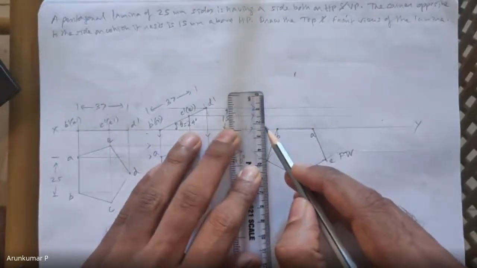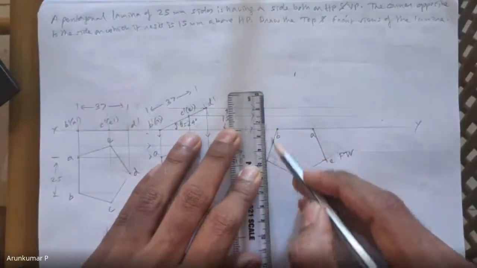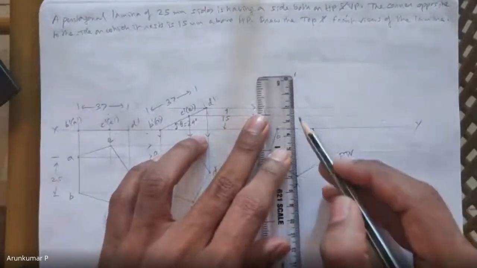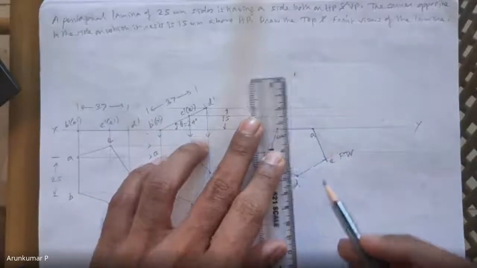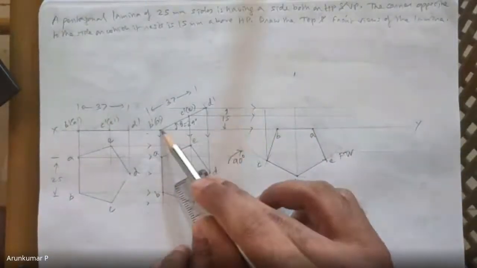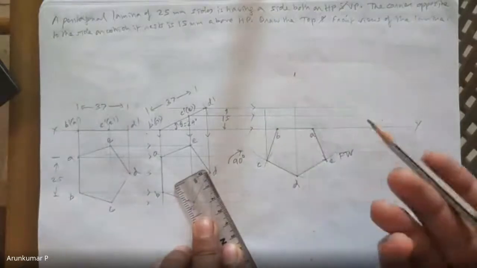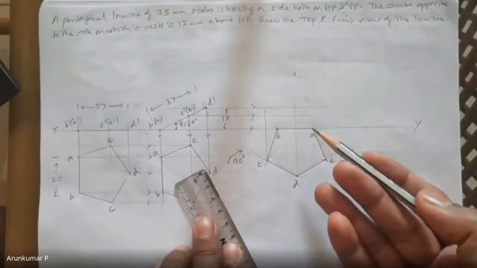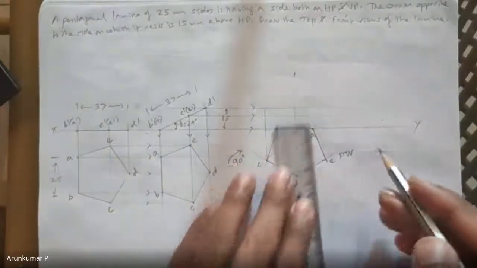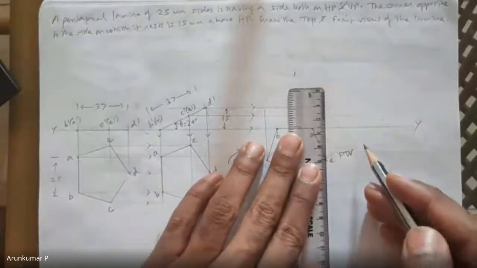You can do it one by one. So now the point to be noted here is there is no need to project A and B because you see B dash A dash is on XY line, AB is also on XY line. So where you want to project, you cannot project. So keep AB there only, no projectors. C, D and E, you can have some three projectors basically.